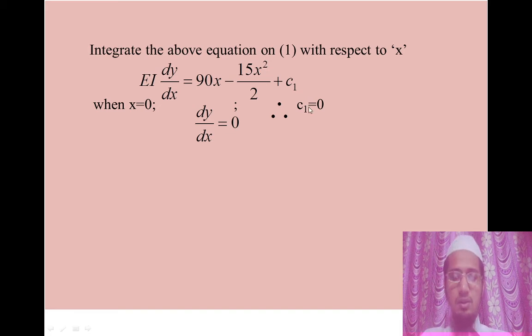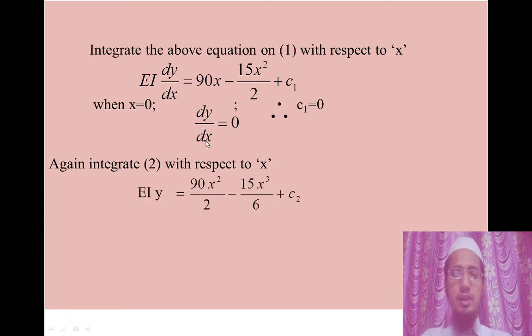Okay, now let's integrate this equation again with respect to x. We will get EI into y equals 90x square by 2 minus 15x cube by 3 into 2, meaning 6. As c1 is 0, there is a second constant of integration, that is c2. To find c2, again we consider the support condition at x equals 0.